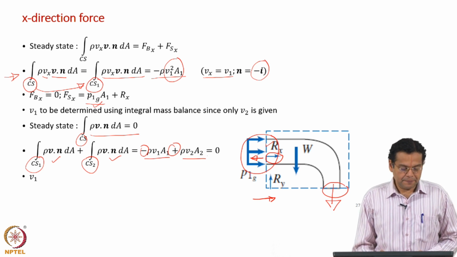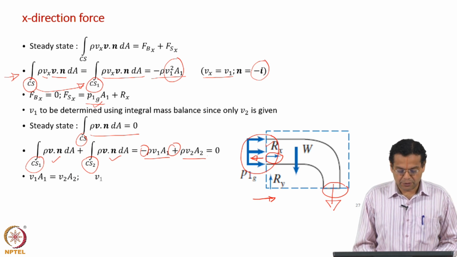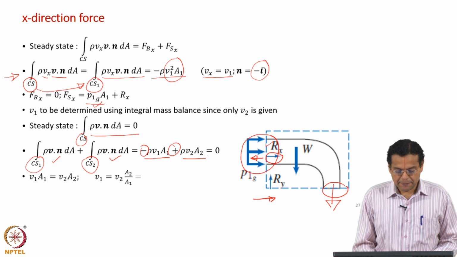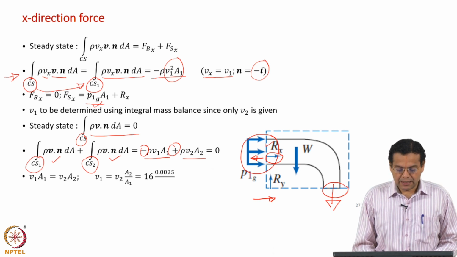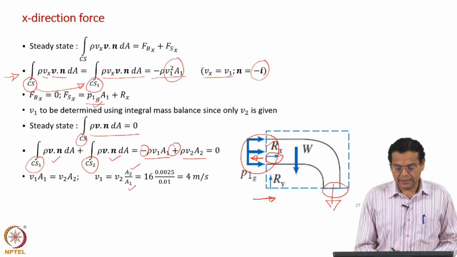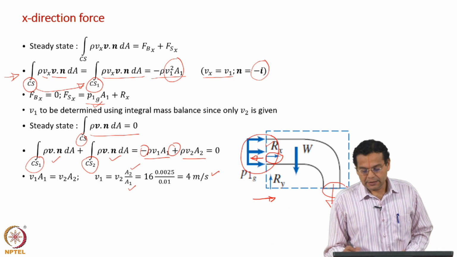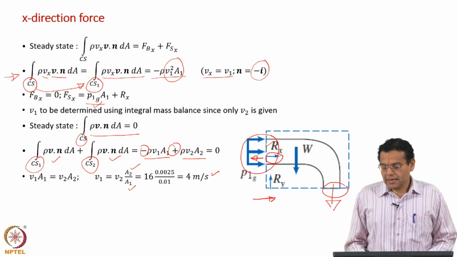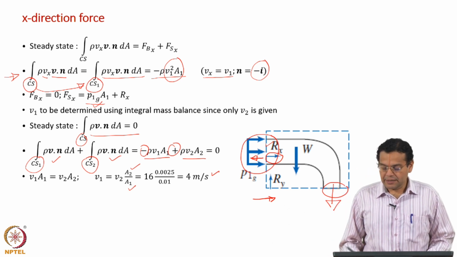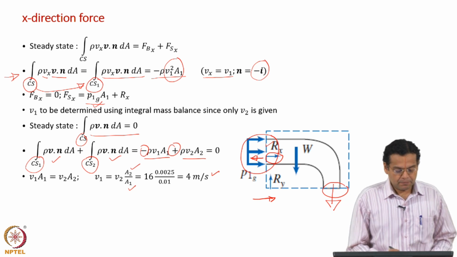If we simplify, we get v1 A1 equals v2 A2, something very well known to us. So, now we can find the velocity v1. We were given the areas of the outlet and the inlet, and this gives us 4 meters per second. Obviously, the area is reducing: at the leaving end it is 16 meters per second, at the inlet end it is 4 meters per second.